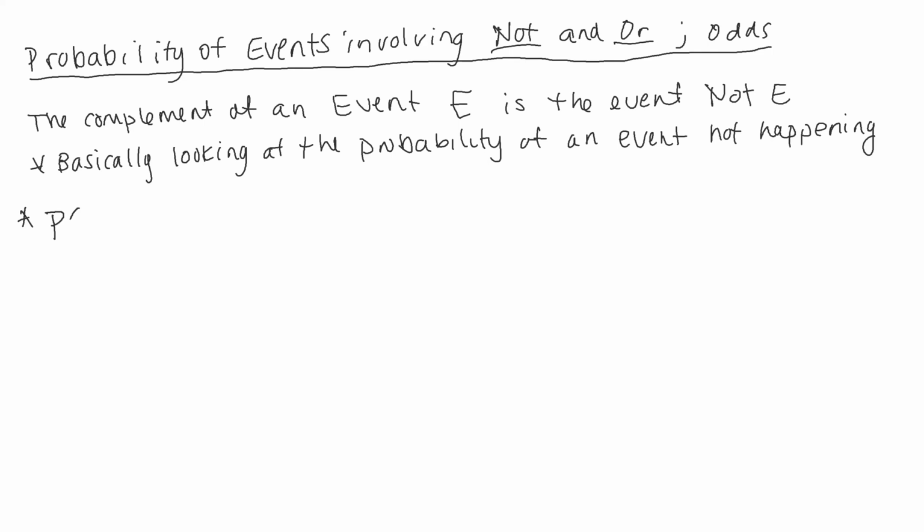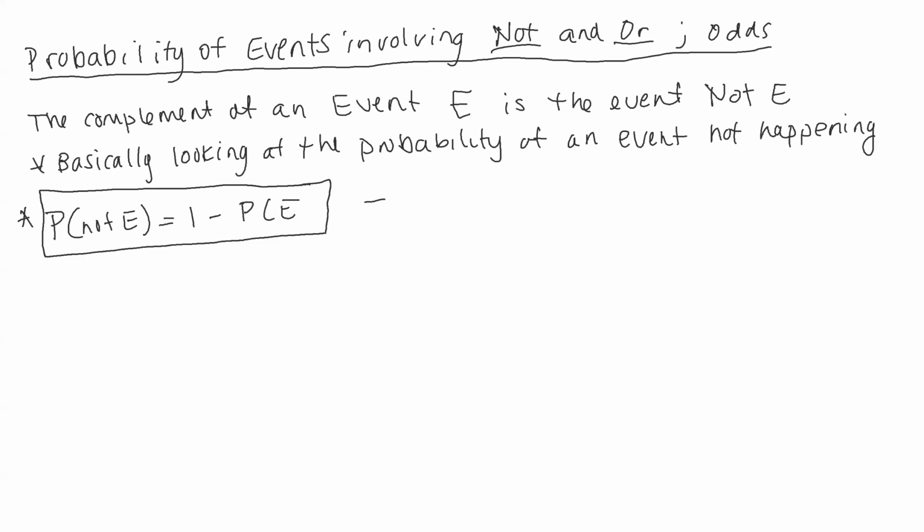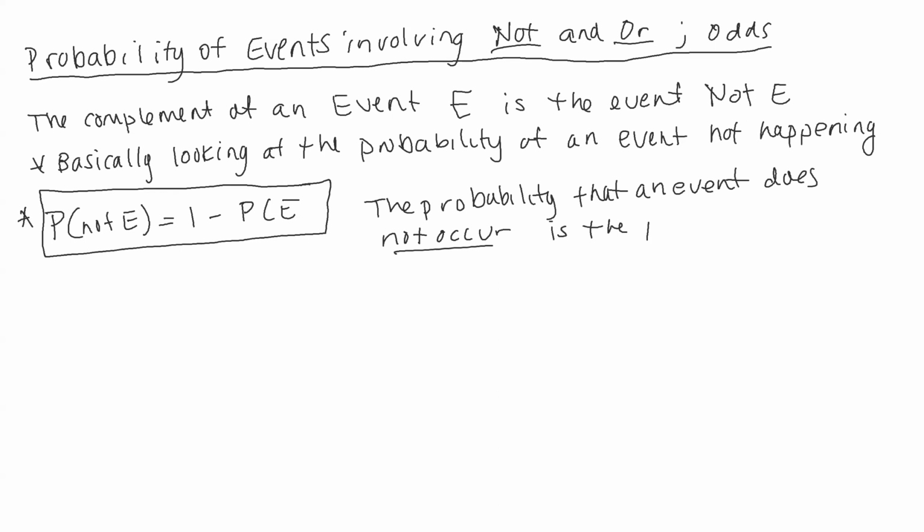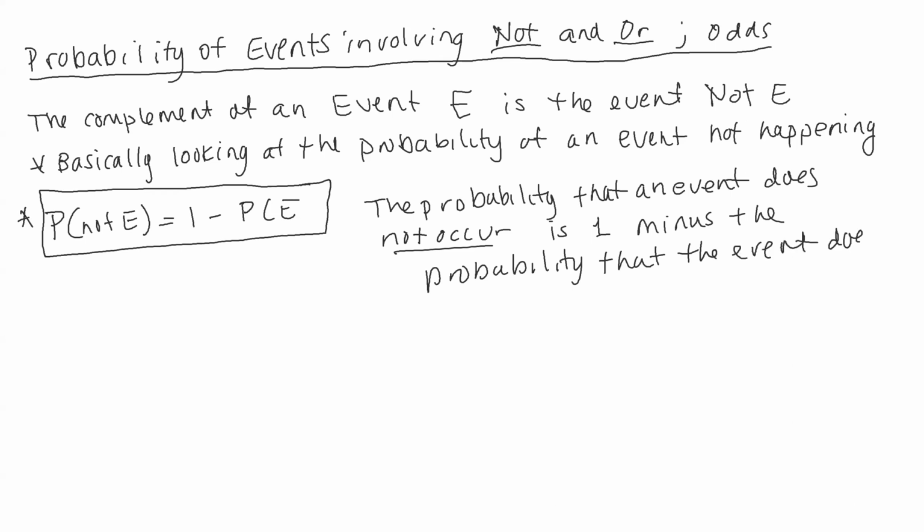Okay, so if I have the probability of not E, that is 1 minus the probability of E. So basically the probability that an event does not occur is 1 minus the probability that the event does occur. All right, so I think the best way to deal with this is just to look at some examples.